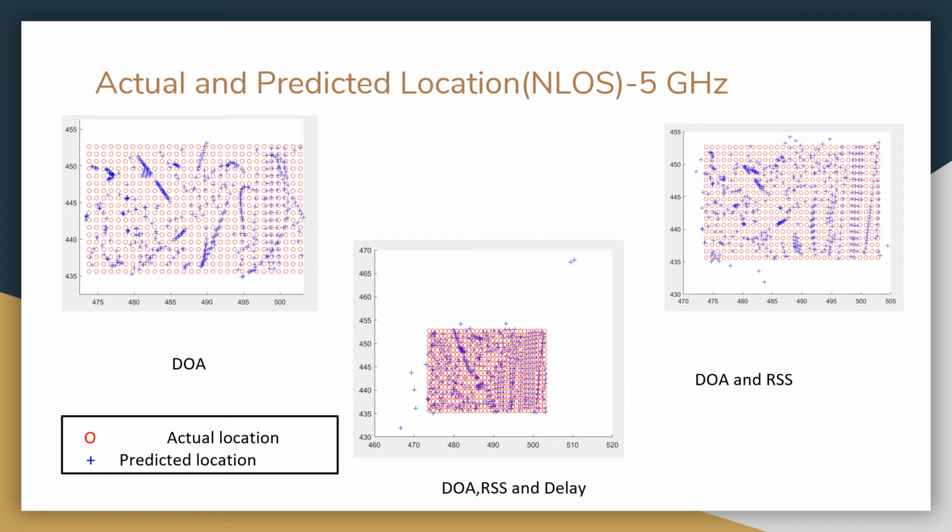So the neural network can predict the location better. As we are considering 3 multipath components in this project, delay and RSS of different MPC, that is multipath component, help the neural network to train itself a little better. If we increase the number of multipath components, the result can come out to be better than this one. The CDF curves in the next slide will give a more intuitive interpretation of the result.